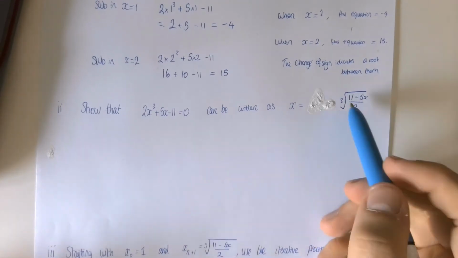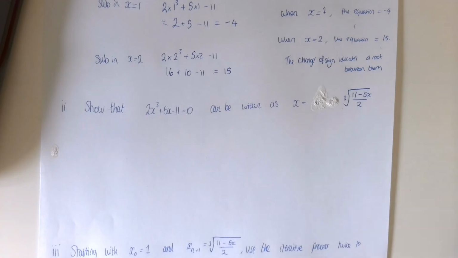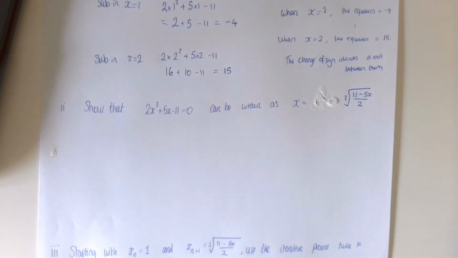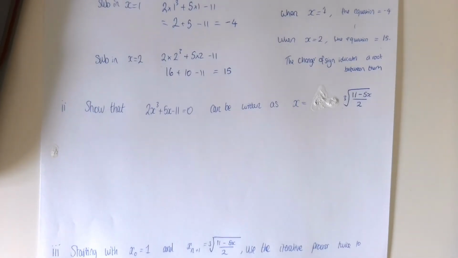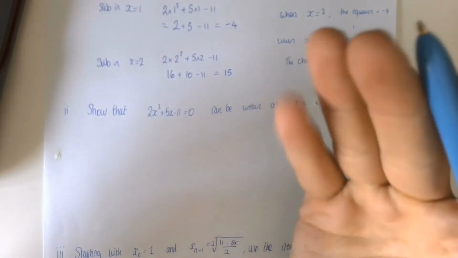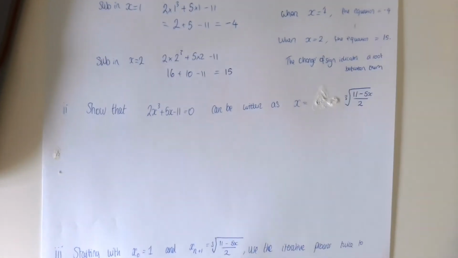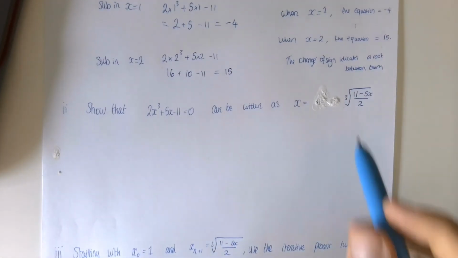I also notice I've got 11 and minus 5x here, quite deeply embedded within that cube root and that fraction. So I think that's probably going to be the very first thing I need to deal with. So what I'm going to do is be really thorough, take it step by step, and rearrange to try and get this. Don't rearrange to try and get something that you fancy just making up yourself. You need to be aiming for this.